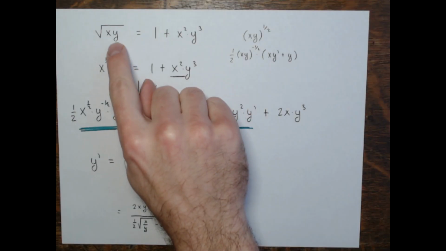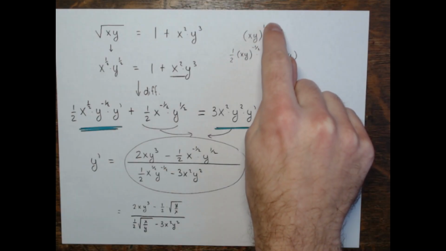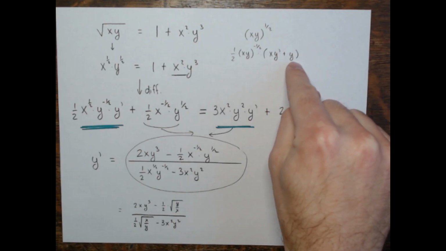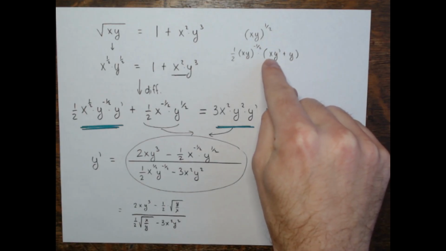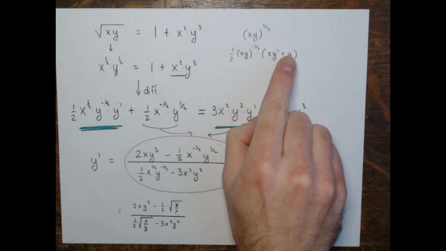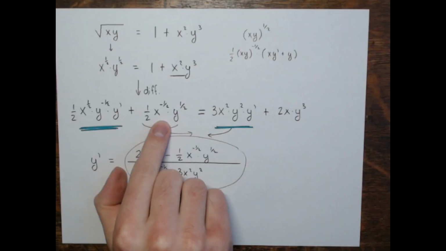I wrote xy to the half, which if I did the chain rule, I just kind of retooled that, to see if I can work it differently. If I wrote the left side as the square root of xy, the derivative of that would be half times xy to the negative half, times the derivative of the product inside. Using the product rule, it would be xy prime plus y. And if I distribute this using properties of exponents, I'd get what I had here.